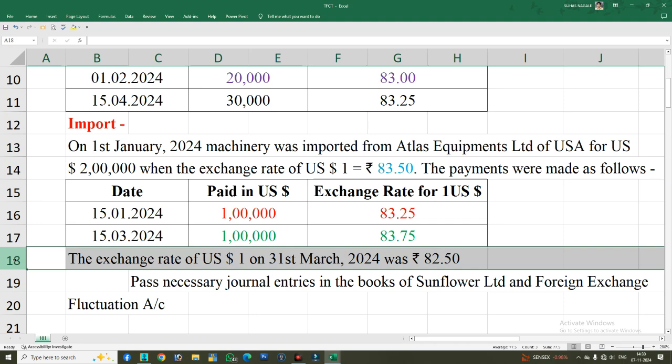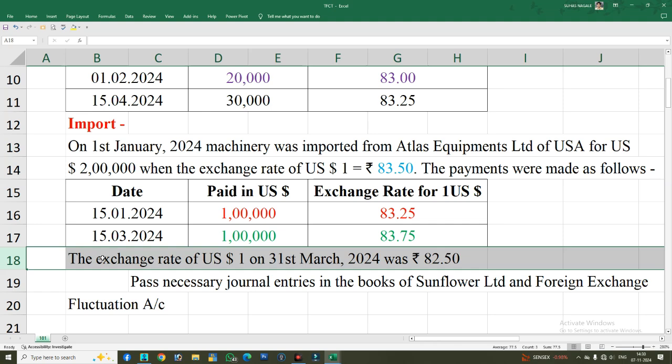And there is one remaining transaction. In this case, we have to record the entry on 31st March 2024. This is called the closing entry. We have to calculate one working note for this entry. We have to compare whether profit or loss on 31st March 2024.